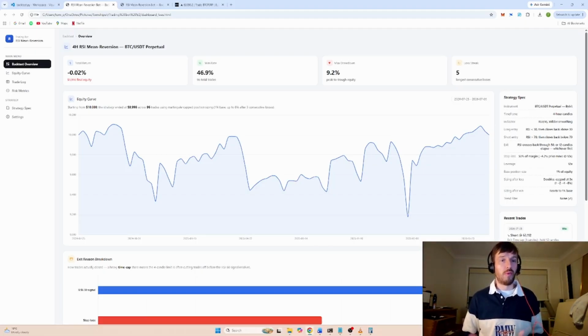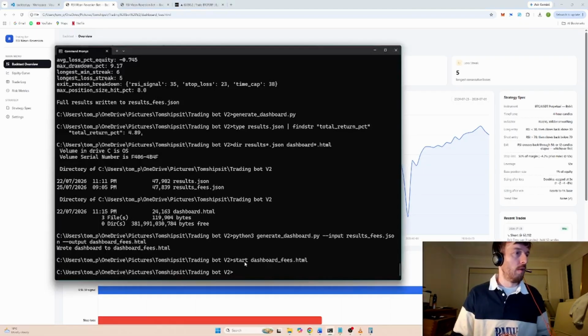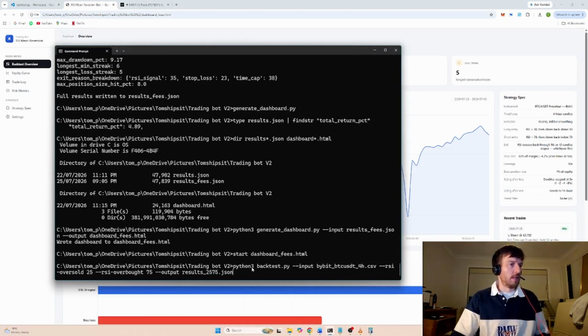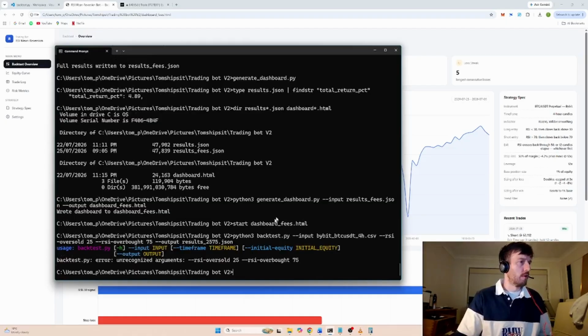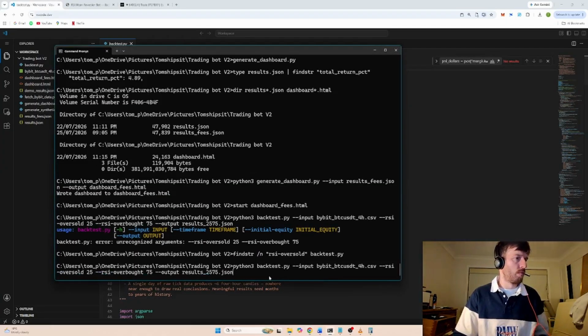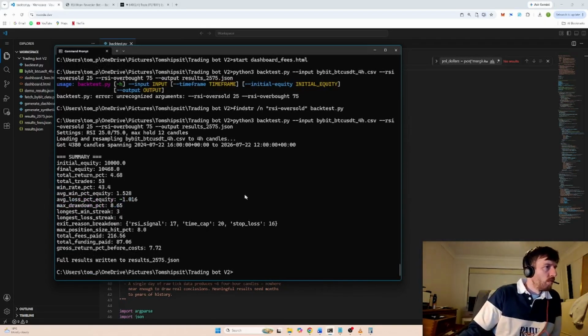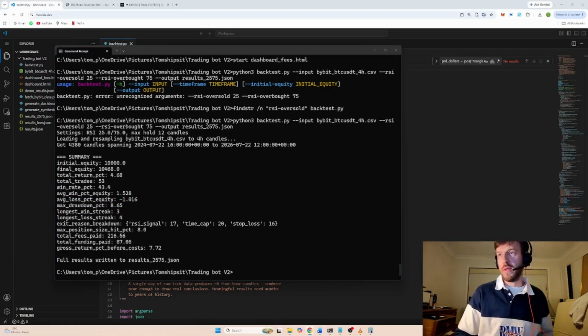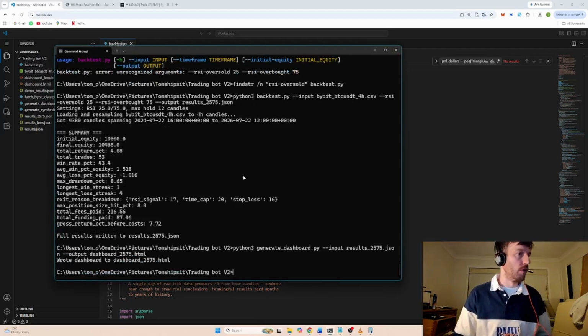Is this going to help, or does it mean losers bleed longer? I'm not too sure, but let's find out. We'll go back into our terminal here and run this backtest. So this is the updated scripting, and we've just run it with the new parameters that we've specified.